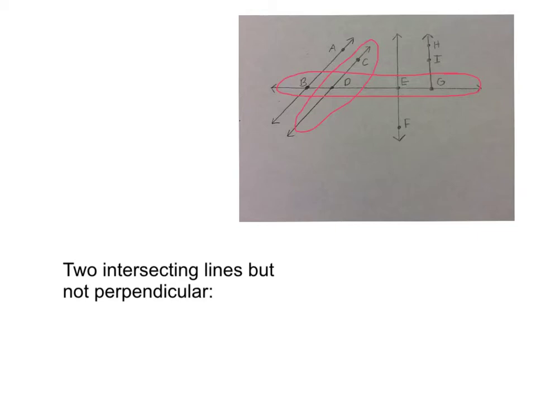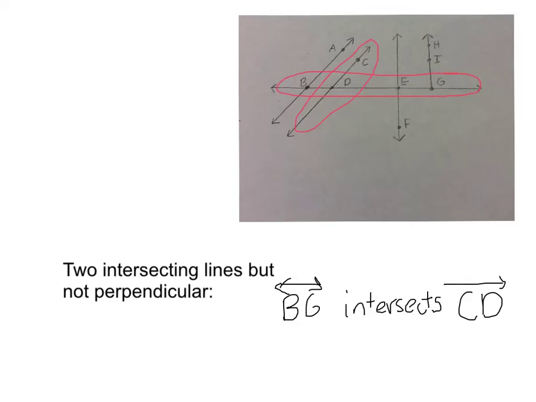And I would go ahead and write this one as BG intersects CD. And these are both lines that go on and on forever in both directions.